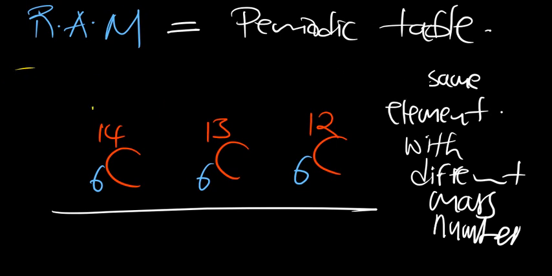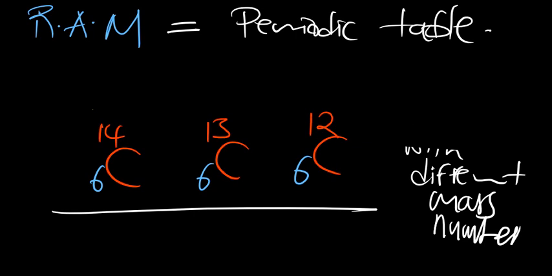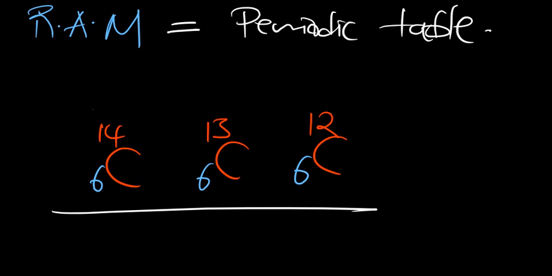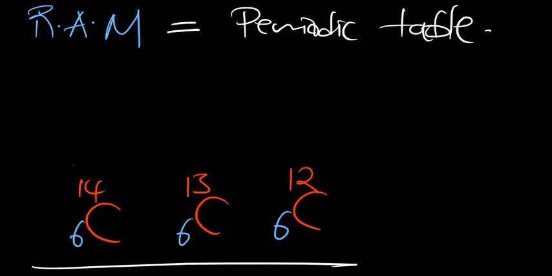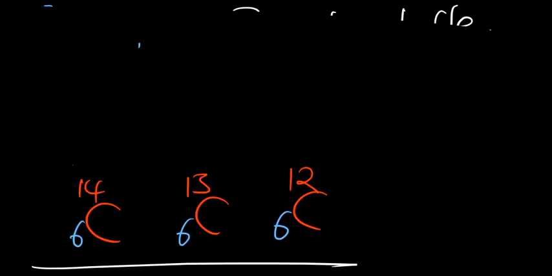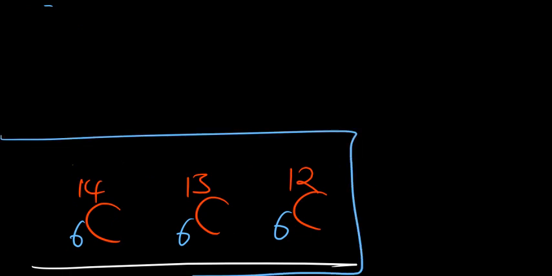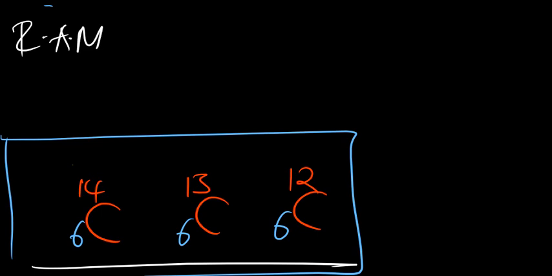We use these isotopes to help us determine the relative atomic mass of an element on the periodic table. They expect you to know that, because they are going to give you the isotopes the way I've put them for you and expect you to determine the relative atomic mass. There will also be cases where they ask you to determine the percentage composition. In this example, I'm going to give you the percentages.